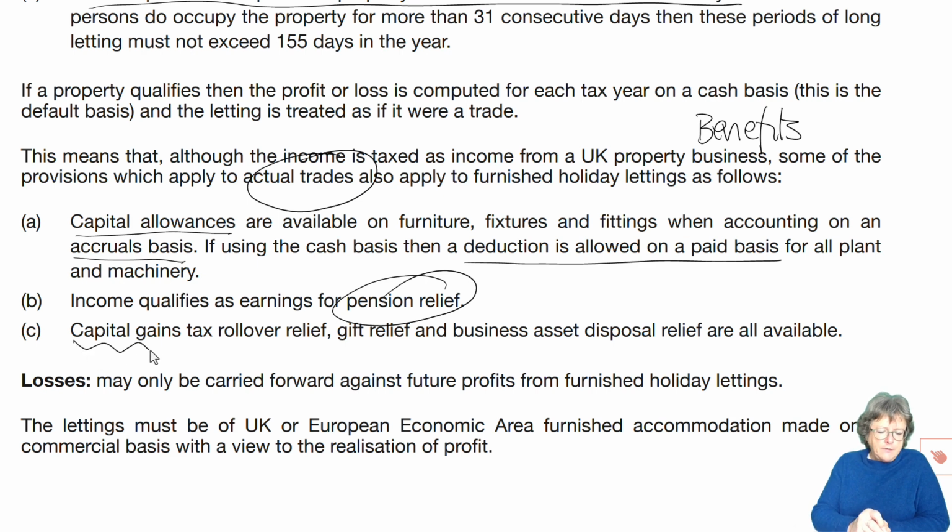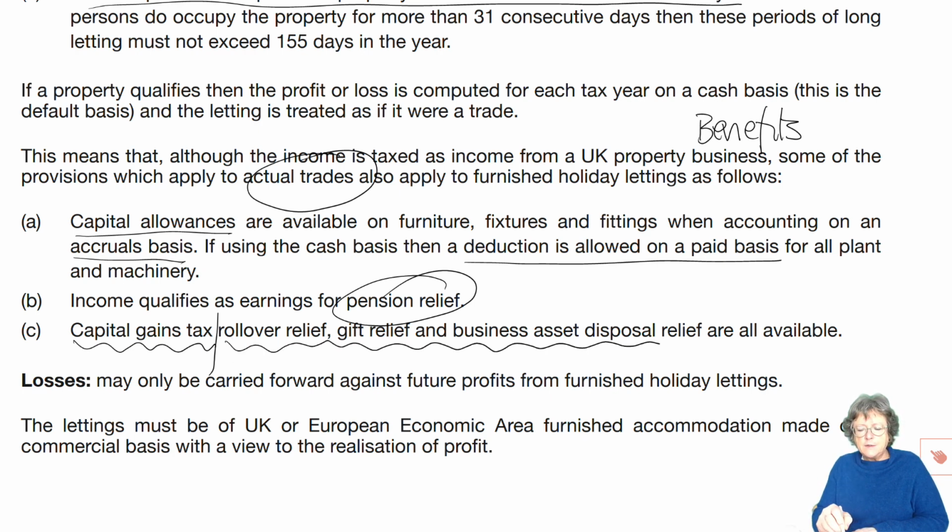Capital gains tax. Now, there are lots of chapters on here, and within those chapters you'll see rollover relief, gift relief, business asset disposal relief. Those reliefs may not mean anything to you yet, but when you've done those 3-4 chapters on capital gains, that will make sense. You could then come back here and tie the two pieces of information together.